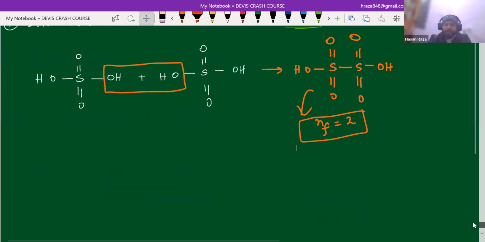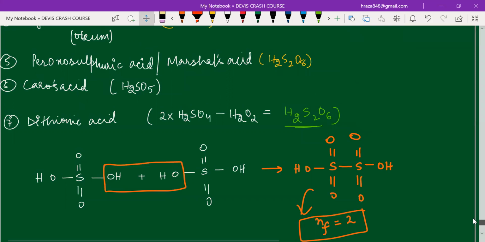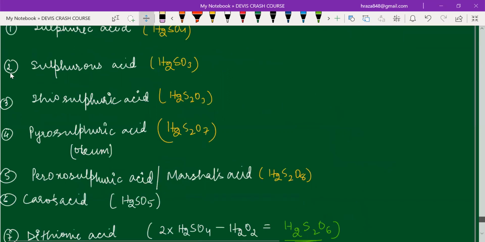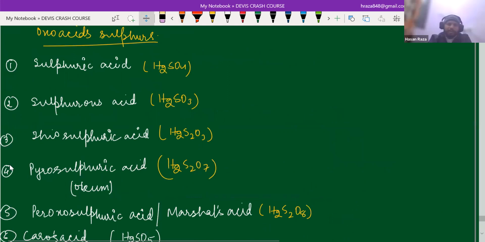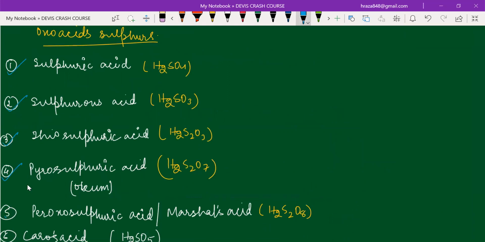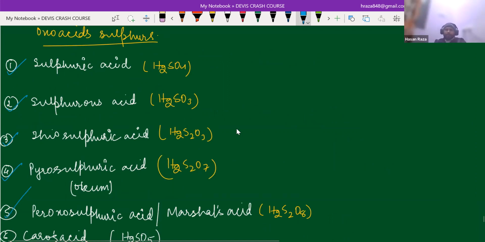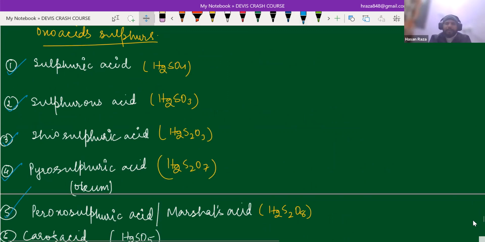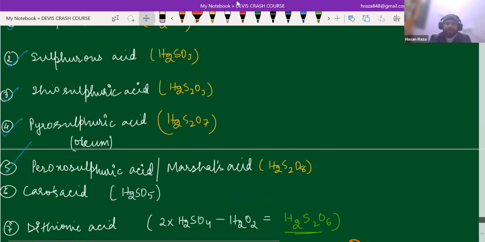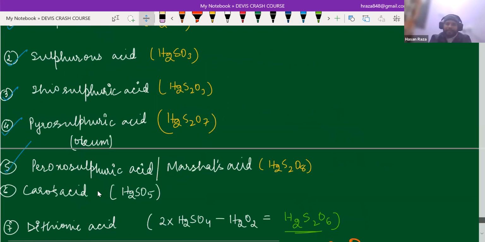Can I change the slide? You can easily write the structure of this, right? Please make sure you revise it all, because when I was giving a junior research paper, the question was based upon this Caro's acid.